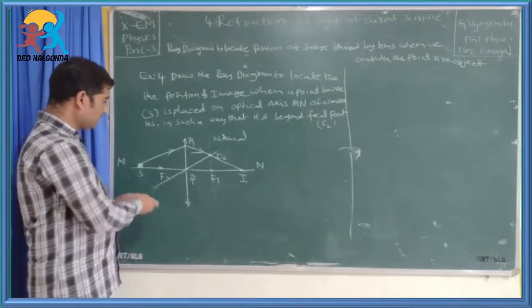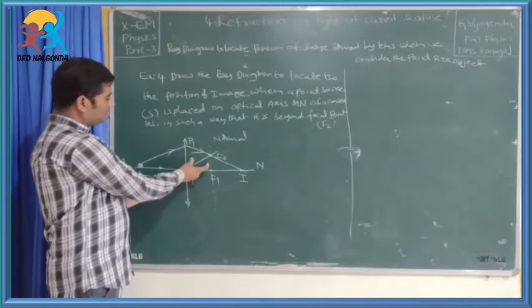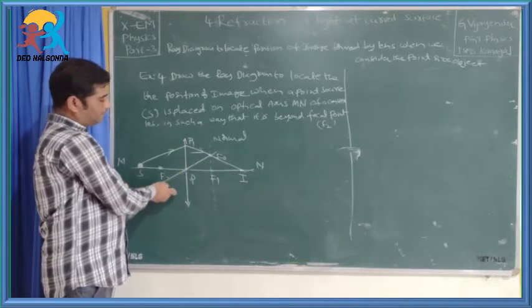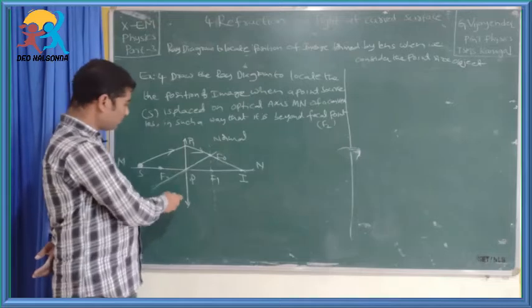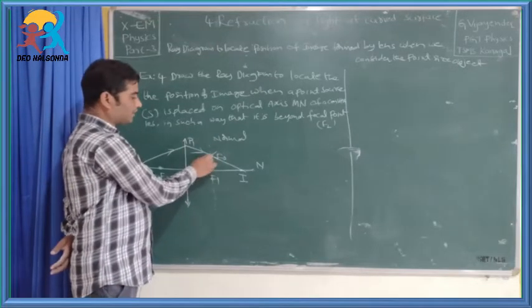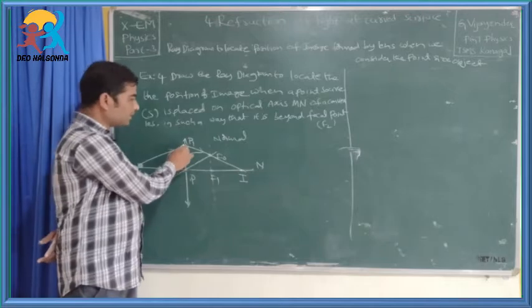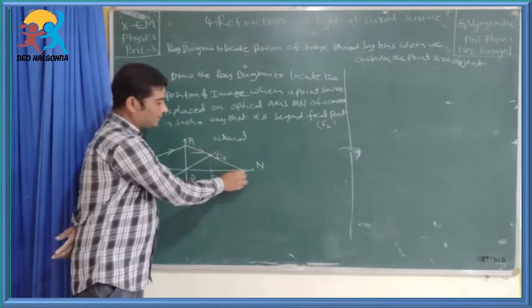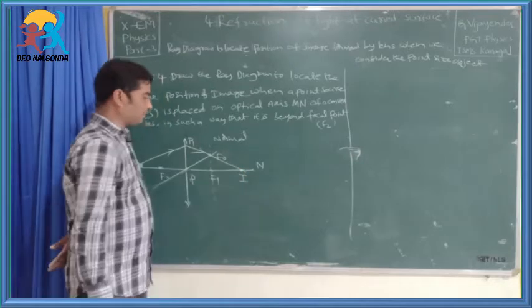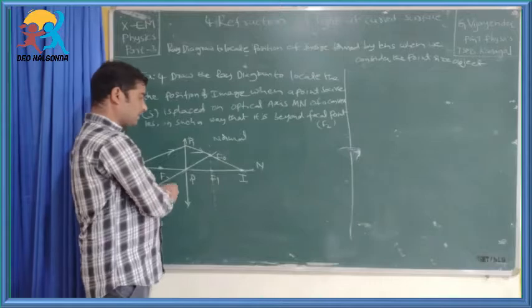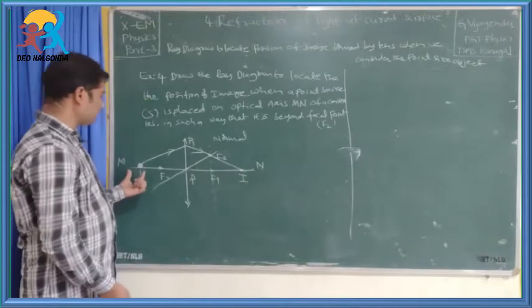Next third step, draw a parallel line to the incident ray. This is the parallel line. Now this parallel line and normal both are intersecting at a point. Now draw the refracted ray through this intersection point. This refracted ray intersects the principal axis at a point. This intersection point will give the position of the image of the point size object S.